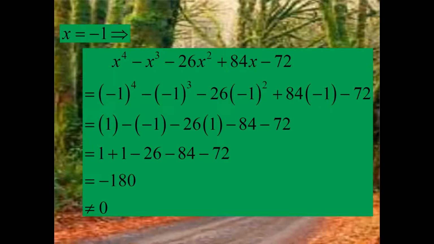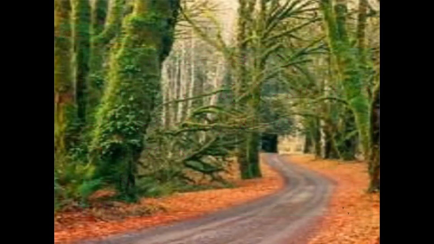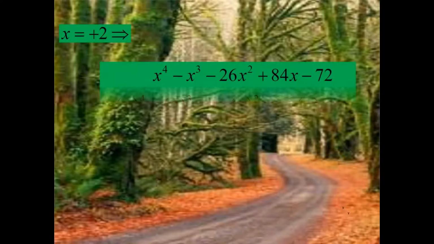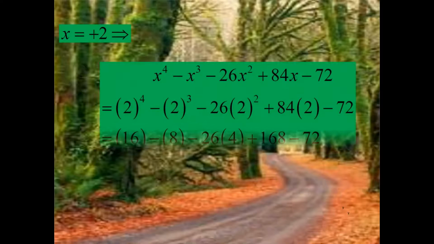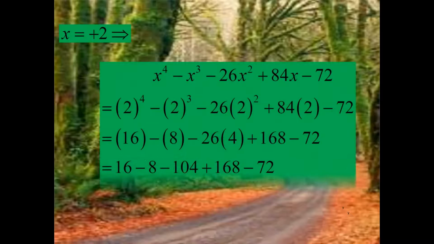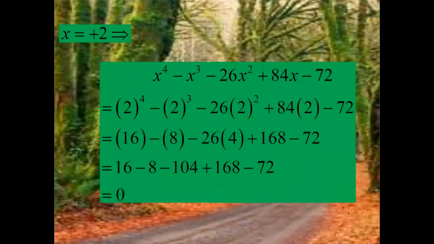So let's try x equals plus 2. And we go through the same rigmarole of brackets and cubes and taking to the 4th power. But when we add it all up, it is equal to 0.